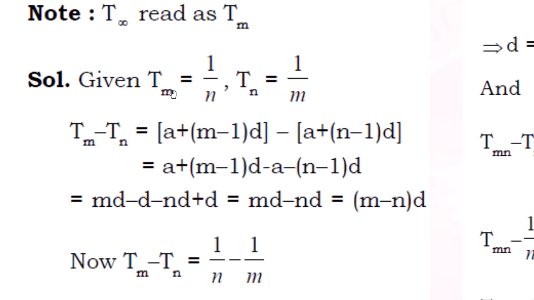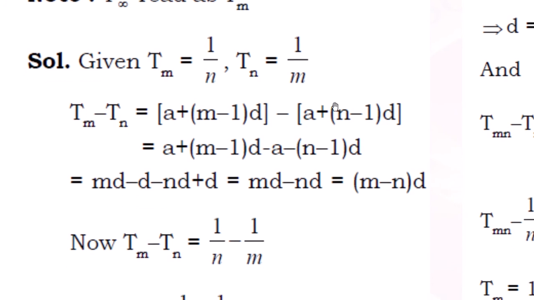Here, given Tm equal to 1 by n and Tn equal to 1 by m, Tm minus Tn is 1 by n minus 1 by m. If you apply the formula, Tm is a plus m minus 1 into d, and the formula of Tn is a plus n minus 1 into d.